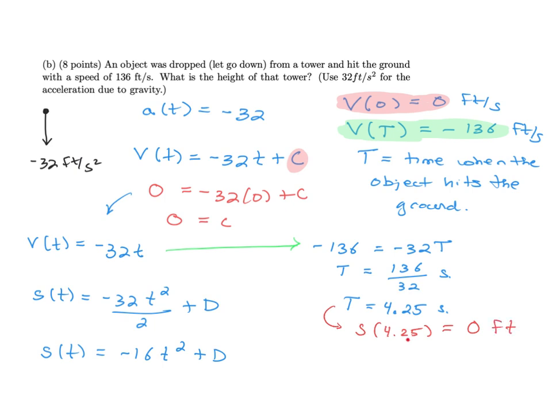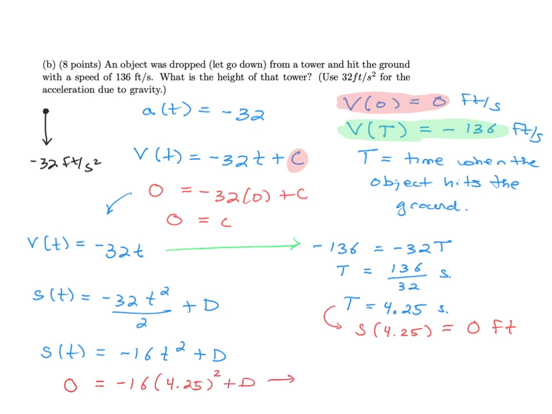What I'll do is take this number, put it in place of t, I'll put 0 in place of s of t, and that will allow me to solve for d. So let's plug that information in. If s of t is 0, that means t must be 4.25.